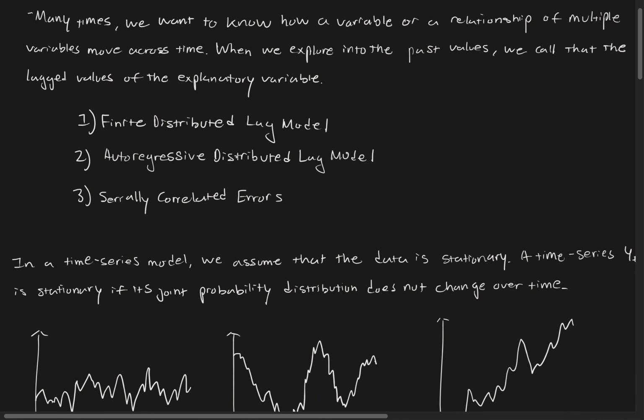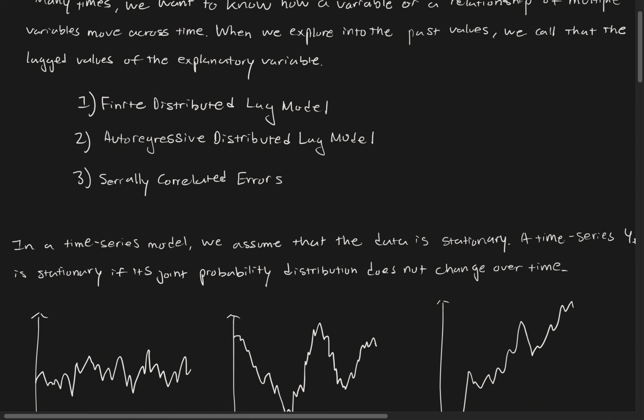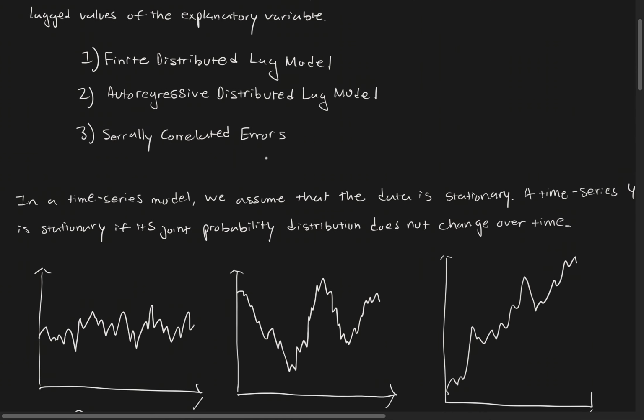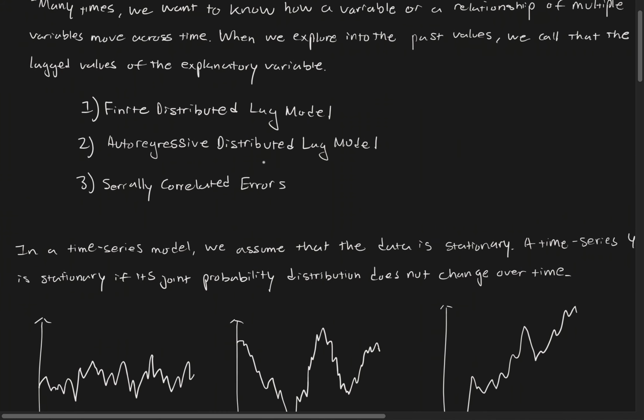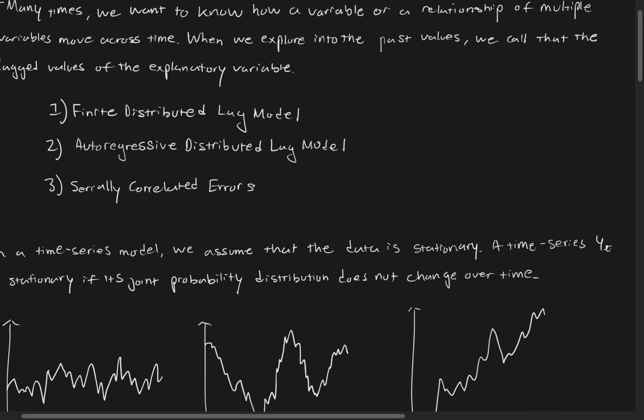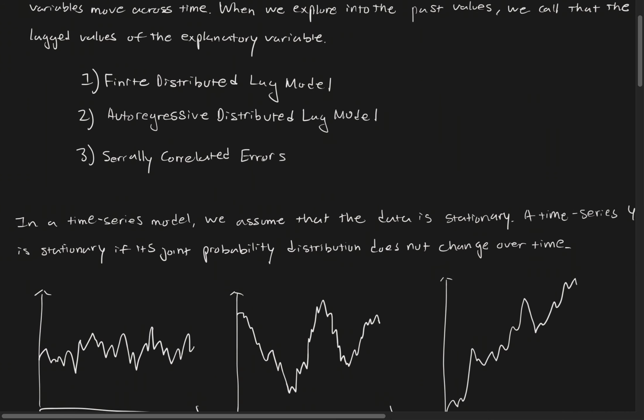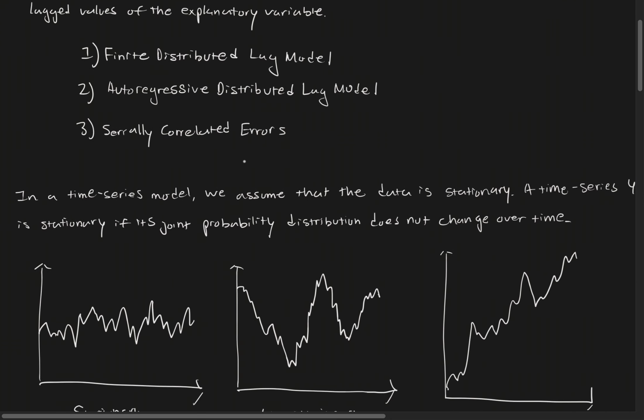Some utilize explanatory variables that only utilize time, some utilize time and then other variables that don't, etc. And so we have the finite distributed lag model, the autoregressive distributed lag model, and then the serially correlated errors. The serially correlated errors is not really a type of regression function. It's just a concept that we need to worry about when we utilize the first two. But it is an important part of the time series.